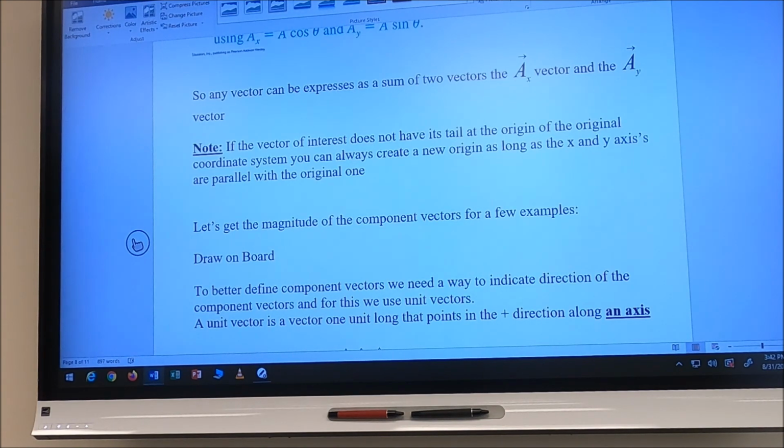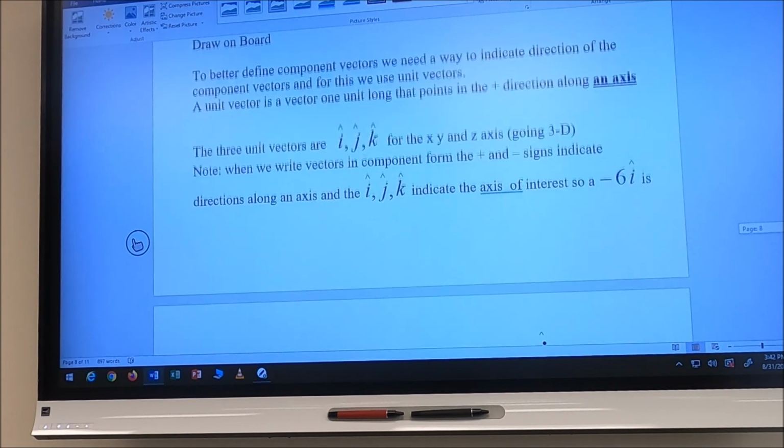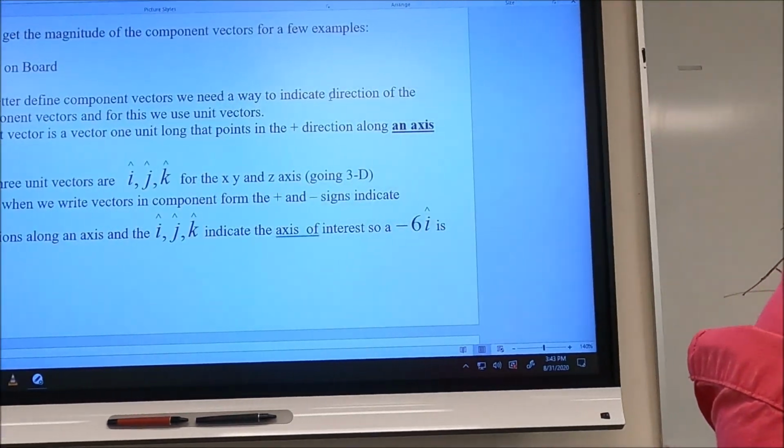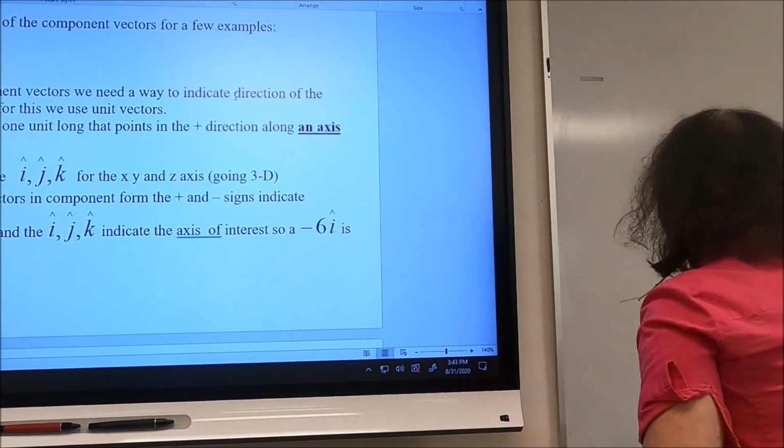Now, let's do some examples of breaking things up into component vectors. So I'm going to put some vectors on the board over here, and we're going to look at component vectors.